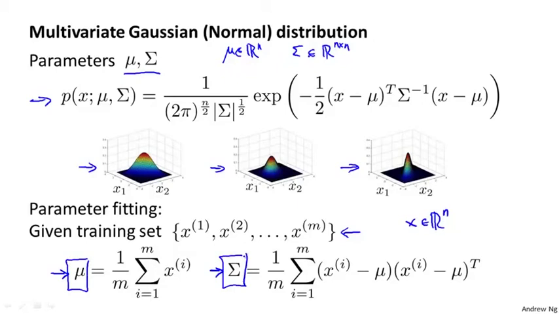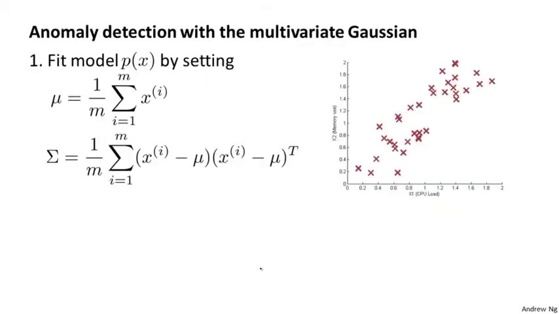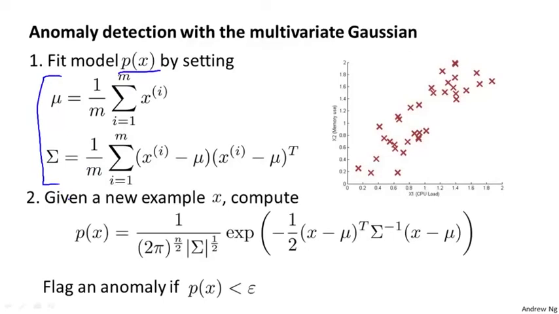Let's take this method and just plug it into an anomaly detection algorithm. So how do we put all this together to develop an anomaly detection algorithm? Here's what we do. First, we take our training set and we fit the model, we fit P of x by setting mu and sigma as described on the previous slide. Next, when you're given a new example x, so if you're given a test example, let's take an earlier example.